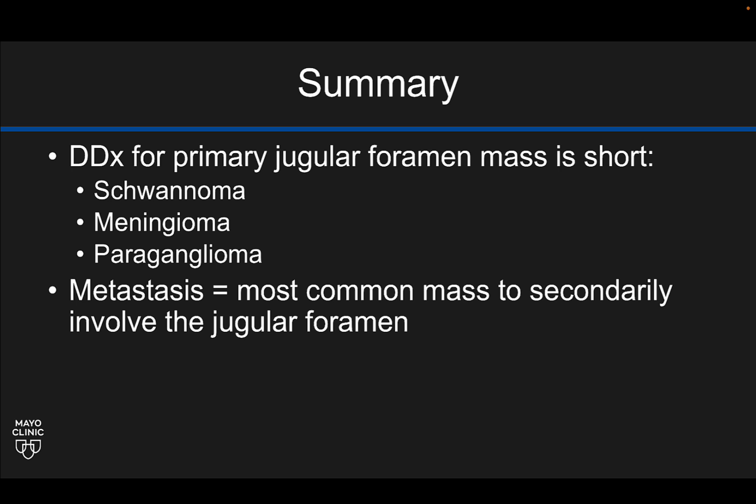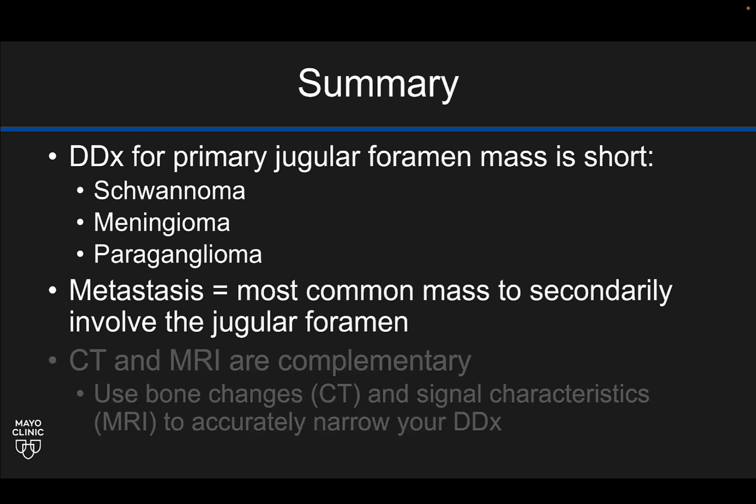Because metastatic disease is so common, this is a really important thing to also be thinking about. It can secondarily involve the jugular foramen as it grows there. Much less commonly does it just sort of set up perfectly in the middle of the jugular foramen. But again, because of hematogenic spread of metastatic disease, that is possible, but usually what we see is something that's more adjacent to it.